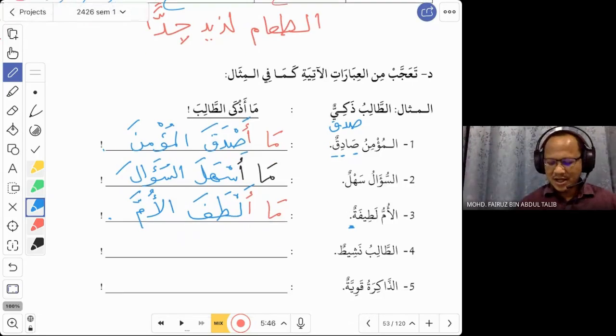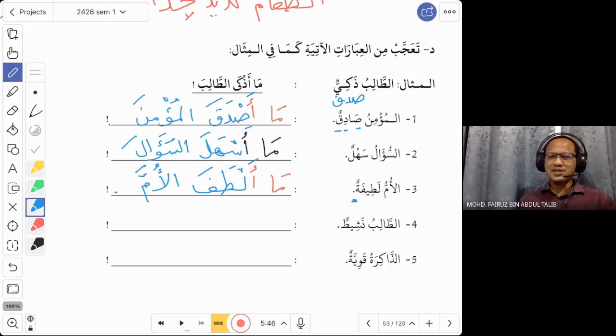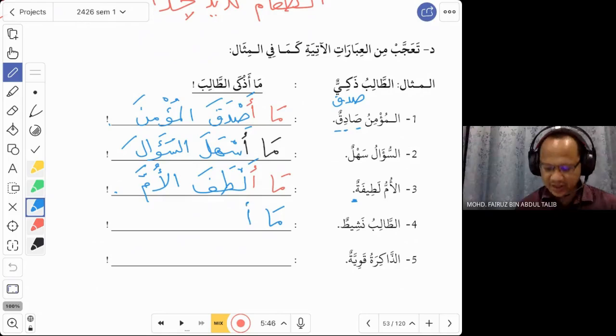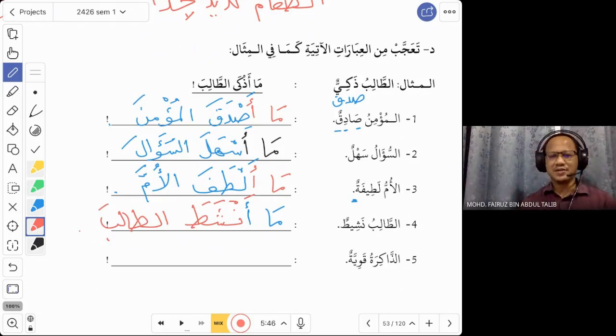Number 4. At-talib nashid. The talib is nashid. Nashid is active. So, Ilham, what did you say just now? Ma anshata. Yes, correct. Ma anshatat-talib.